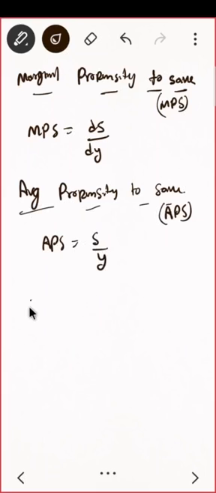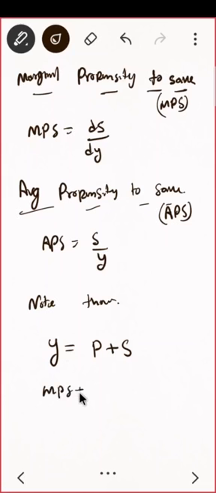Note that Y is your income. It is P plus S, correct? So can I relate with this? If I divide both sides by Y, what will I have? I'll be having MPS plus MPC equal to 1.